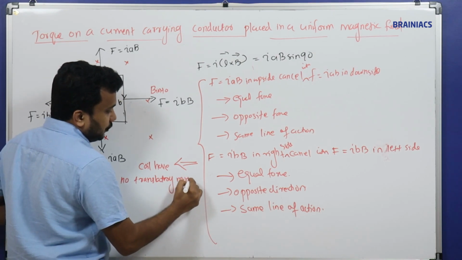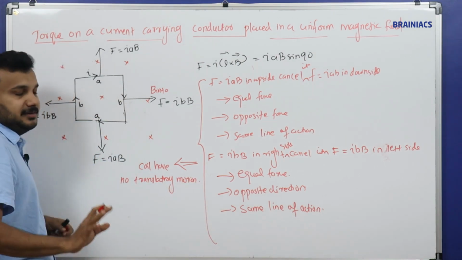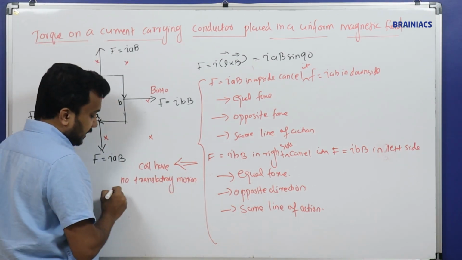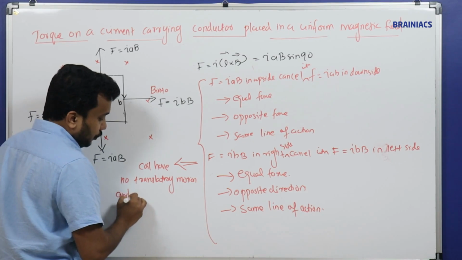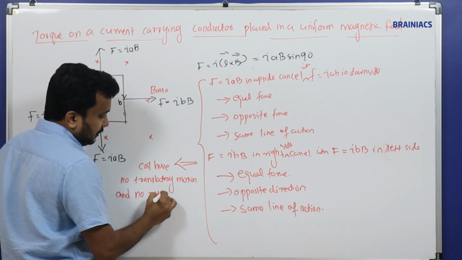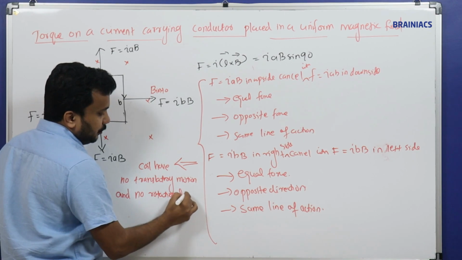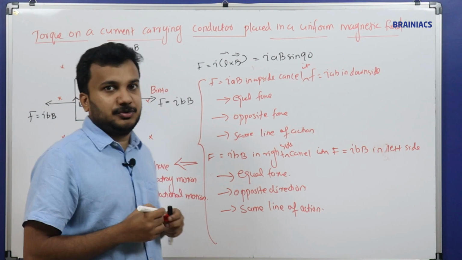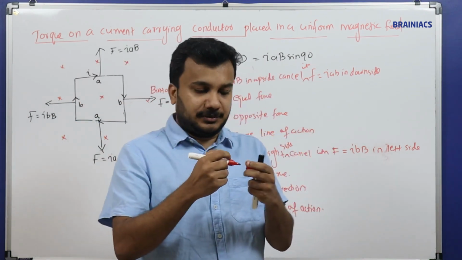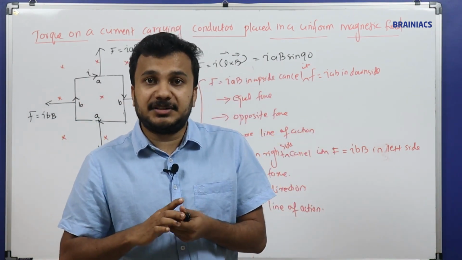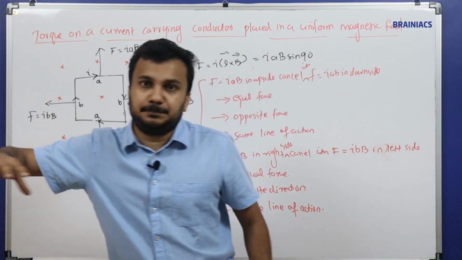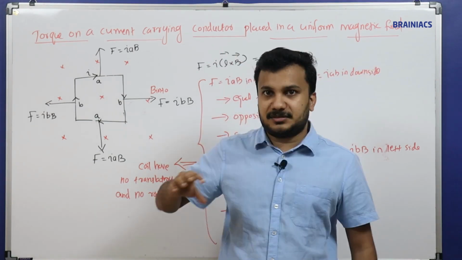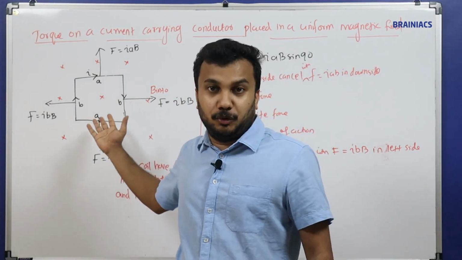Translatory motion means it is not moving to the left, it is not moving to the right. Translatory means either it is moving in the x-axis, or in the y-axis, or in both x and y axes. So it is not moving at all.